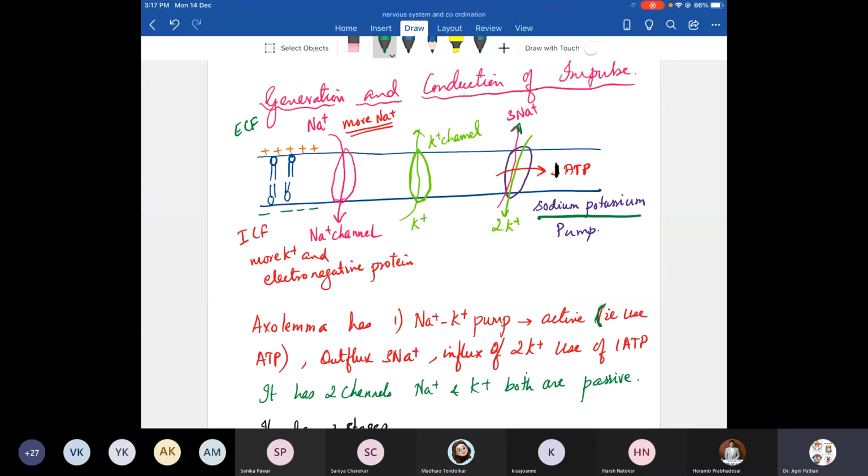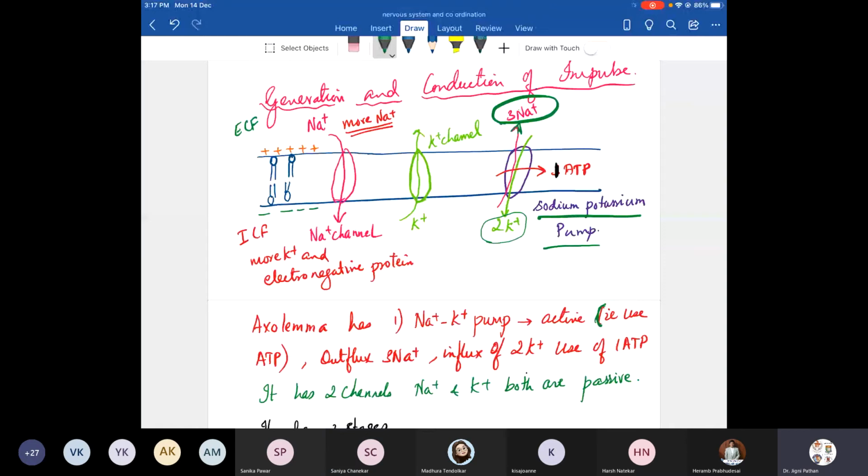This sodium potassium pump outfluxes 3 sodium ions and influxes 2 potassium ions by using 1 ATP molecule, so it is active. Whereas sodium and potassium channels are passive. They do not use any kind of energy to move sodium and potassium ions, whereas the pump uses energy. Understood? Yes, understood, ma'am. Okay, fine.